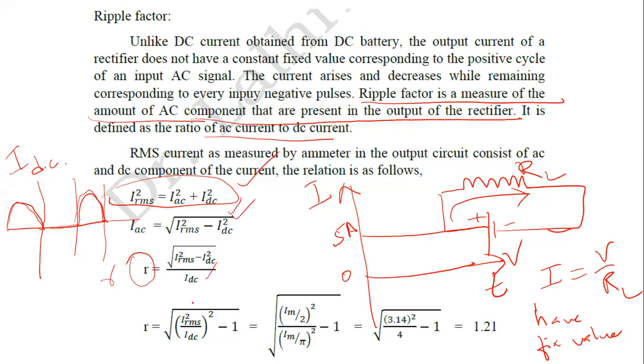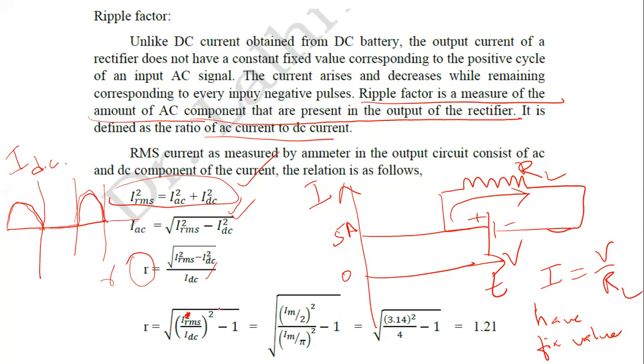Now, if you do certain simplification, you will arrive at this. Actually, there is a mistake here. Okay, that square should not be there. So it is I RMS upon IDC, whole square, minus 1.